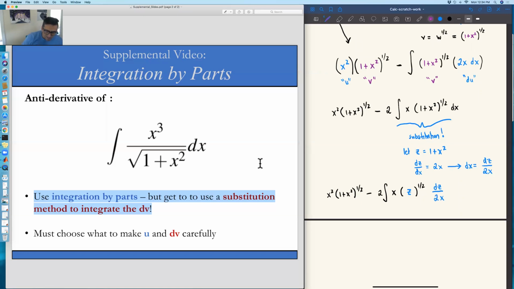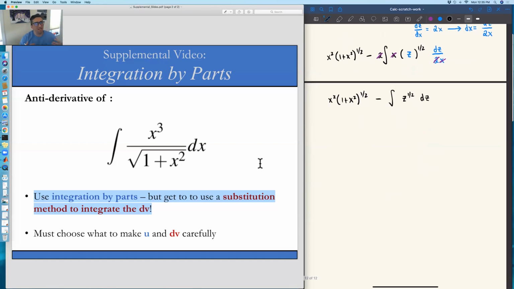And what we see happens is those 2's will cancel, as well as those x's cancel for us as well. So what we finally have here is x squared times 1 plus x squared to the 1/2 minus the integral of z to the 1/2 power dz.